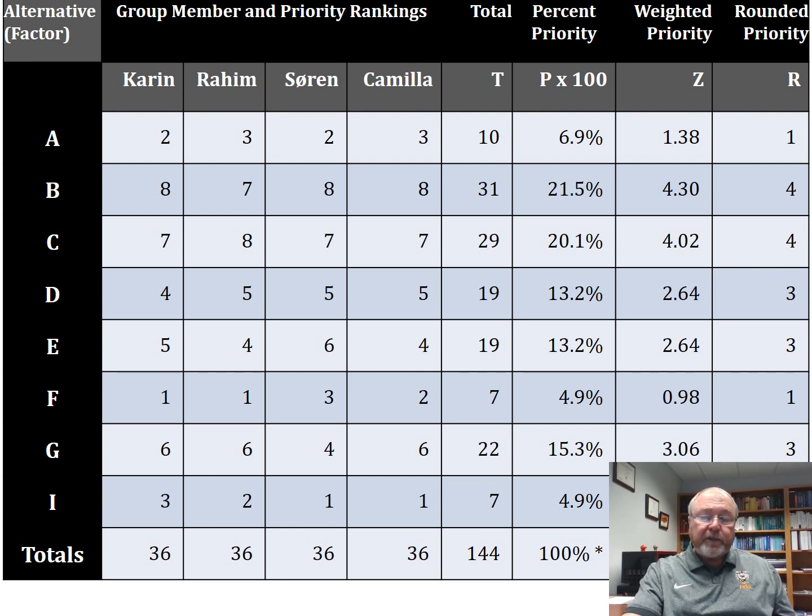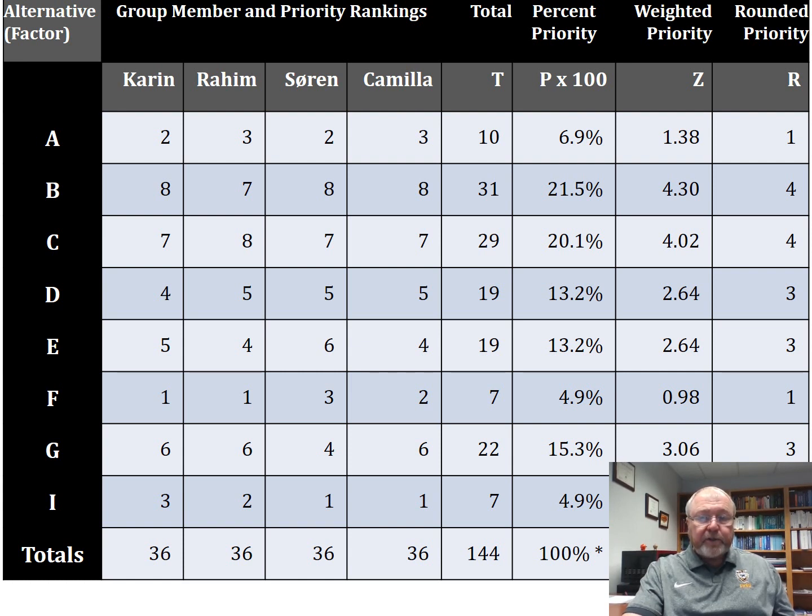So if I multiply 6.9%, 0.069, times the 20 points I want to distribute, that's 1.38. 21.5%, 0.215 of the 20 points, 4.3, and so on. And then I'll round, and here would be my weights. 1, 4.3 rounds to 4, 4, 3, 3, 1, 3, and so on.